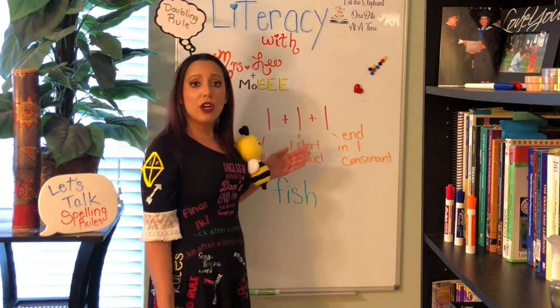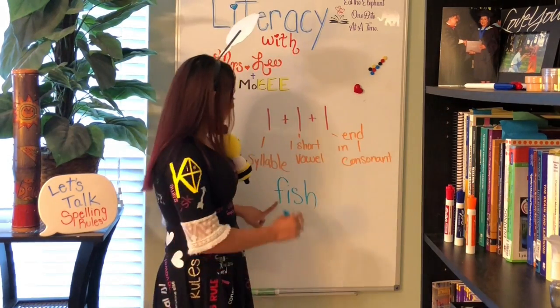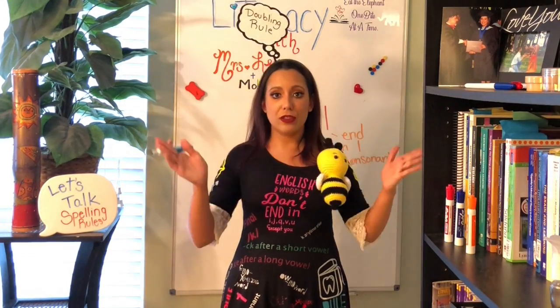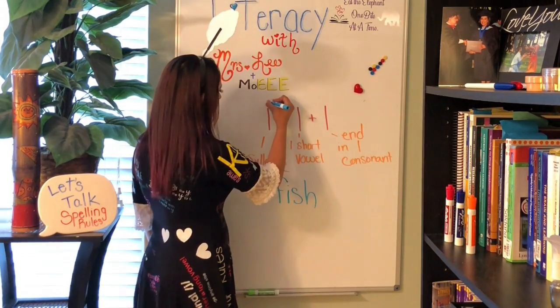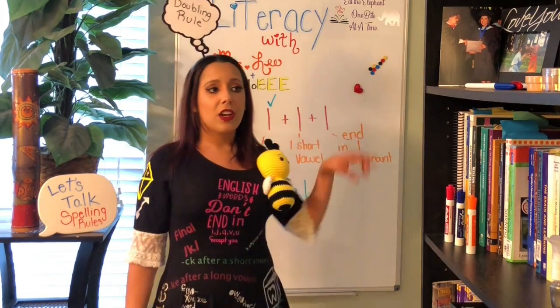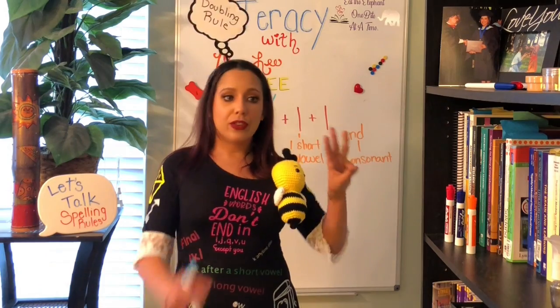So let's go over our 1-1-1 rule. Is it one syllable? Let's see. Fish. Yep. Does it have a short vowel? Let's see. Sh. Yep.